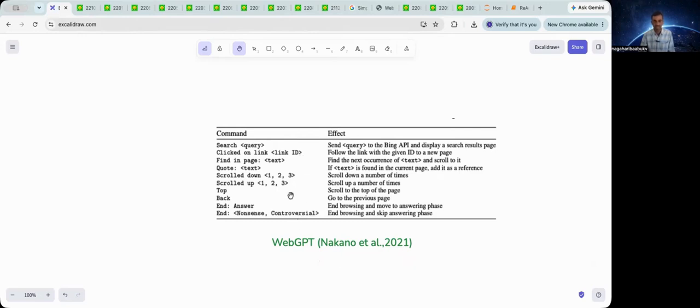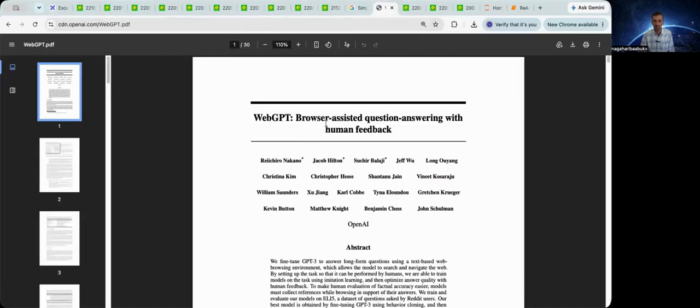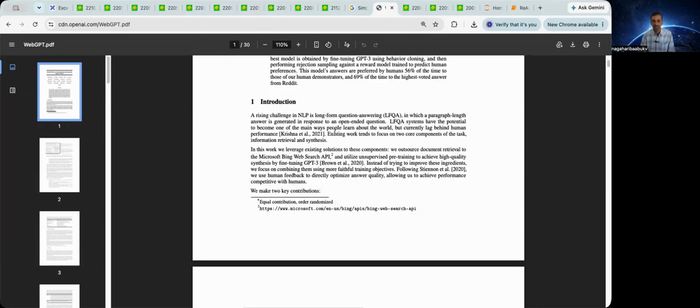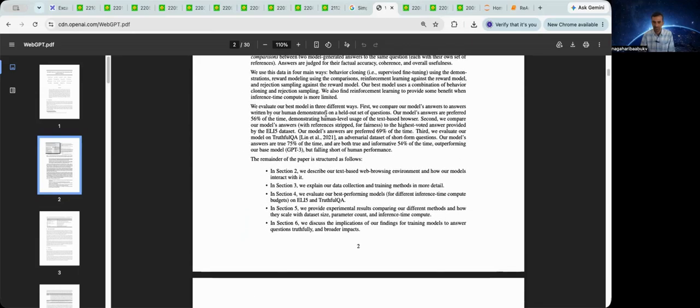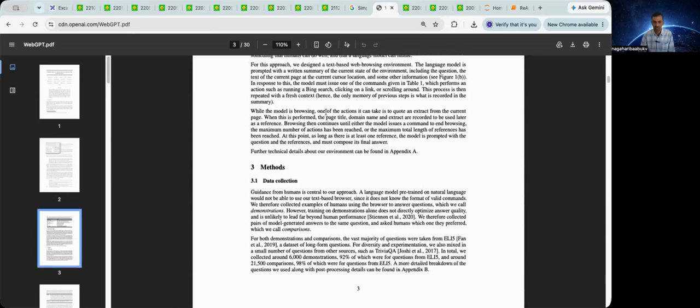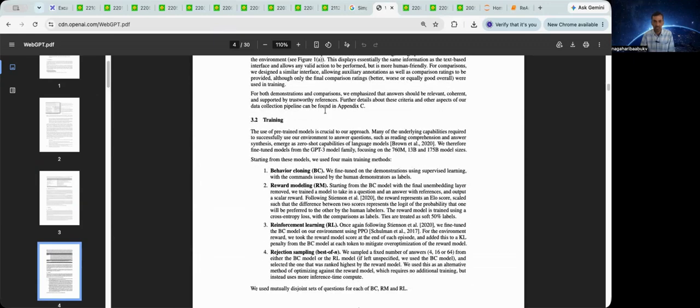But the challenge is that you need human involvement, human feedback. That is another challenge. You can check this page, WebGPT, browser-assisted question answering with human feedback. So the disadvantage is that you need a data set, and the behavioral data collection is challenging.